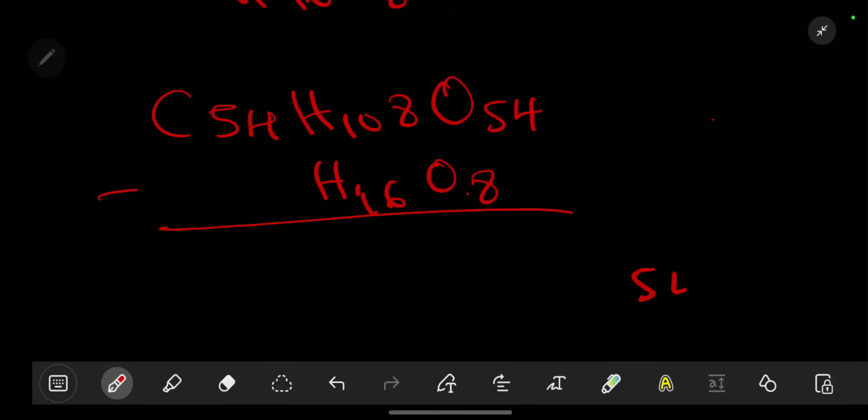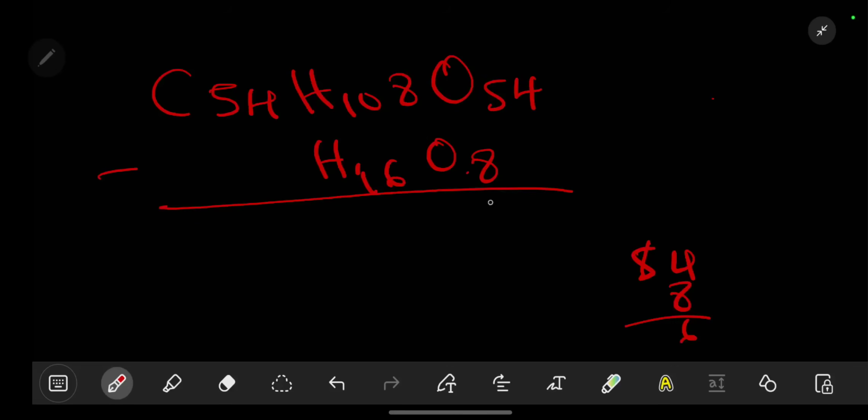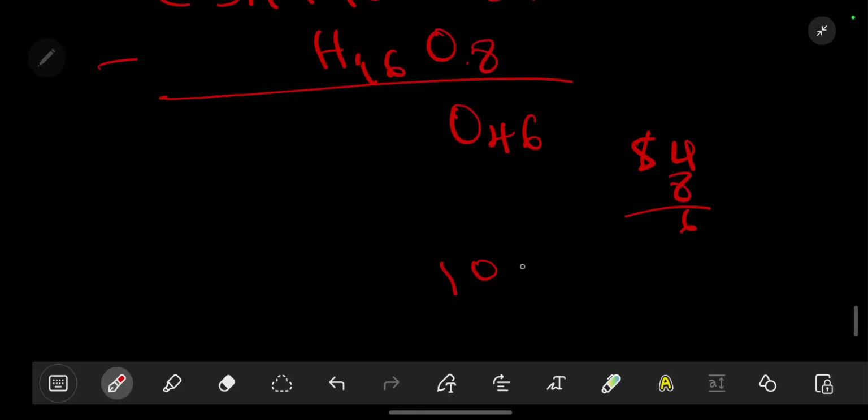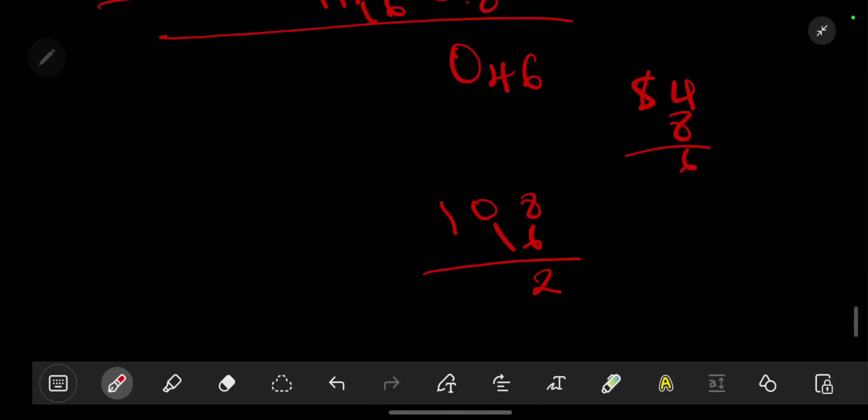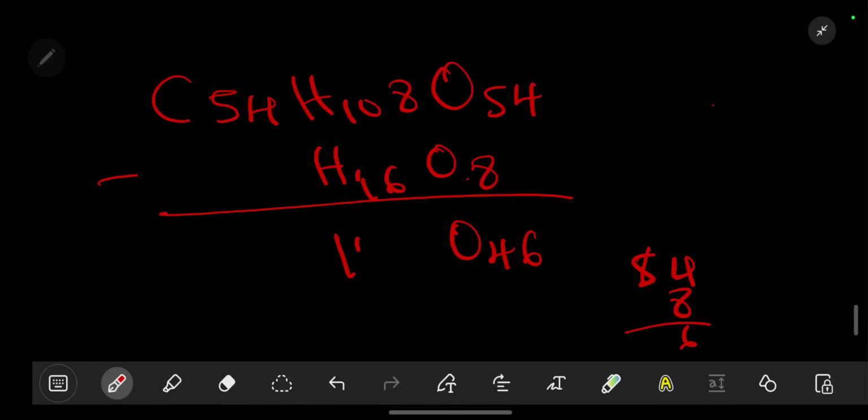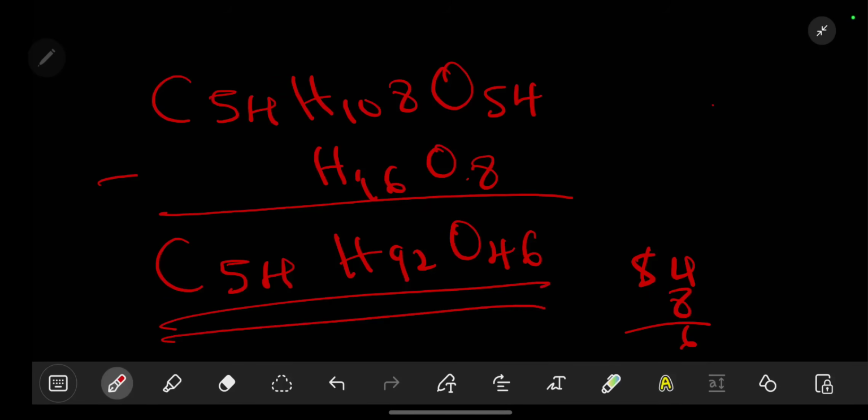This will give us O46. Then here 108 minus our 16 will give us a value of 92. So we are going to have our H92, then we have our C54, like that. So this is the molecular formula of that compound.